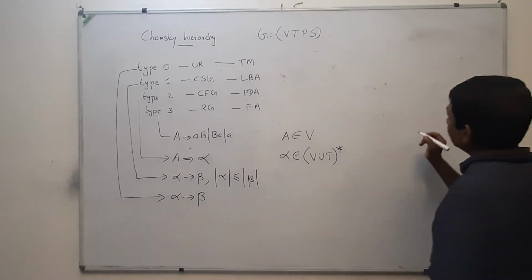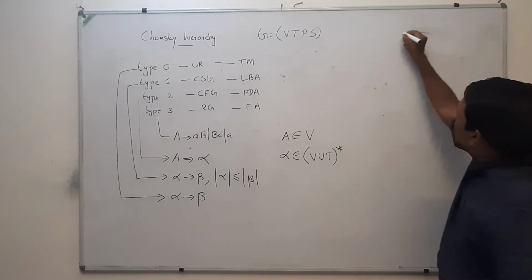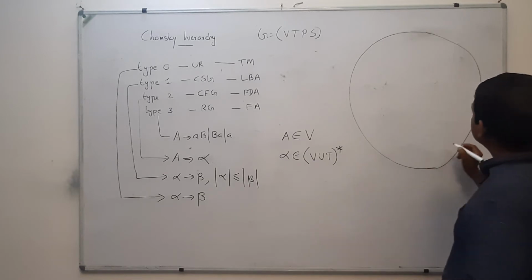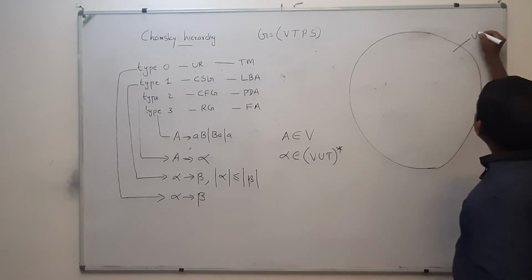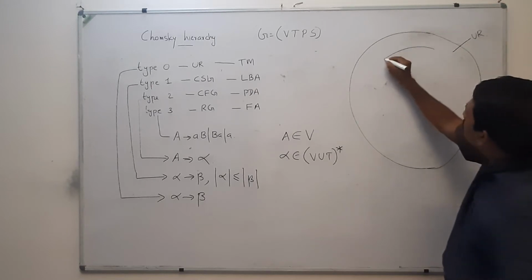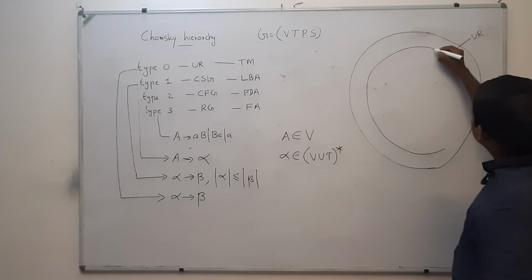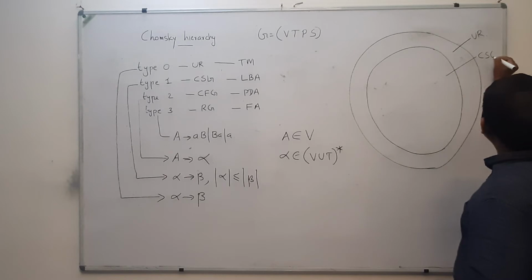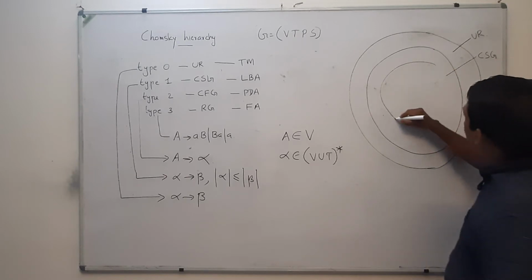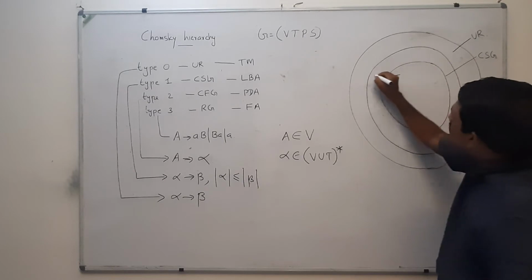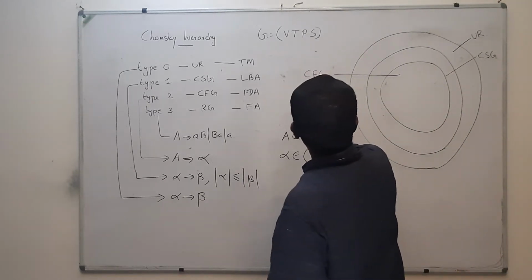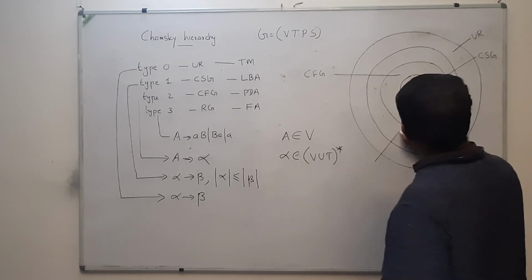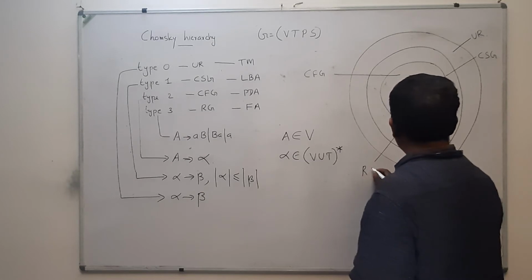And the hierarchy is like this. This is unrestricted grammar, and the context sensitive grammar is a subset of that. Inside that is the context free grammar, and inside that is the regular grammar.